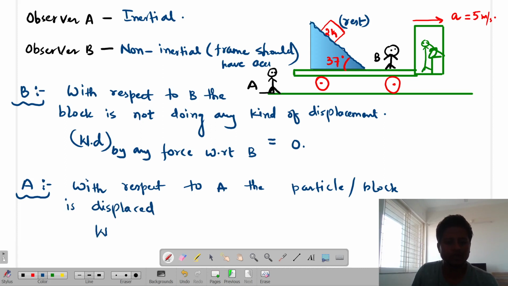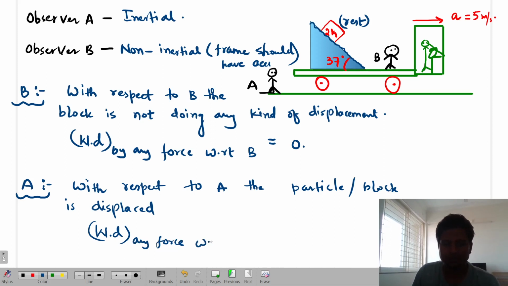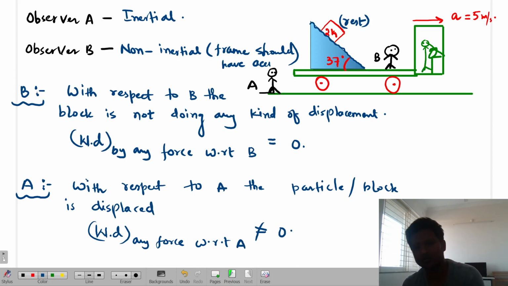So the work done by any force with respect to A is not going to be zero for all forces. It can be positive, negative, or zero, anything is possible. Zero can be possible, like if the force is perpendicular. Are you able to get me? Is that clear?